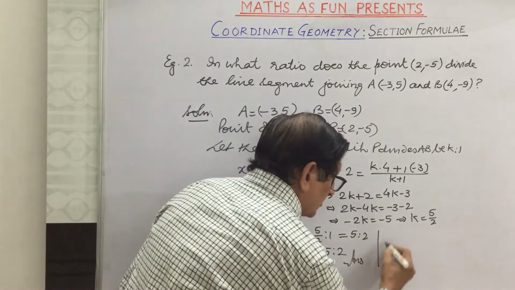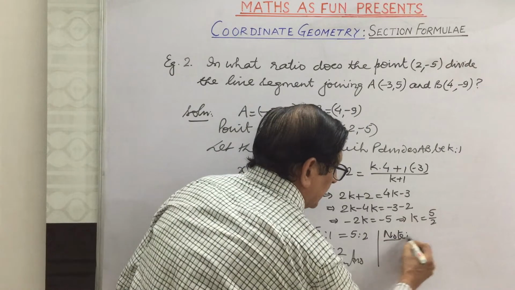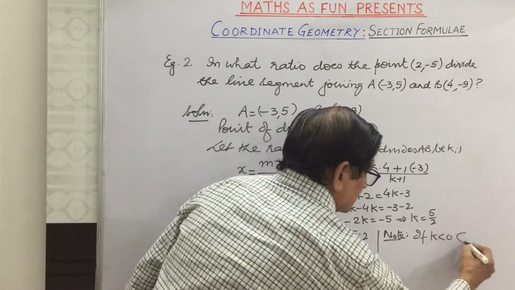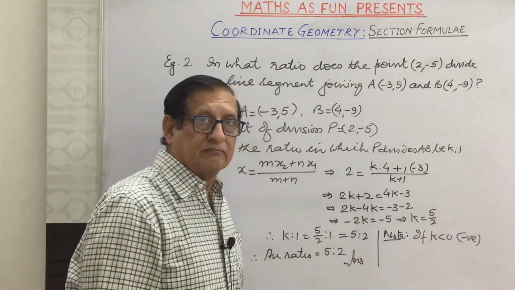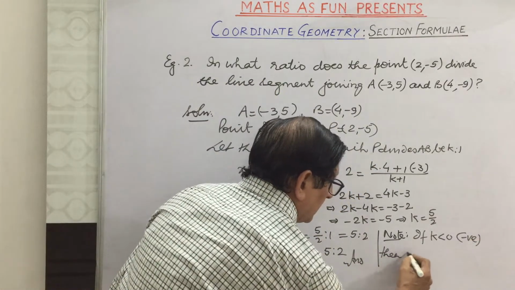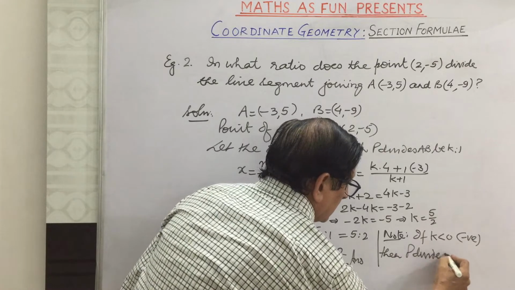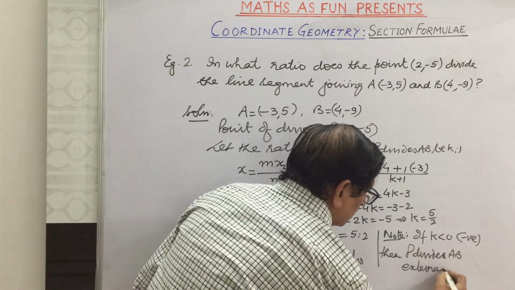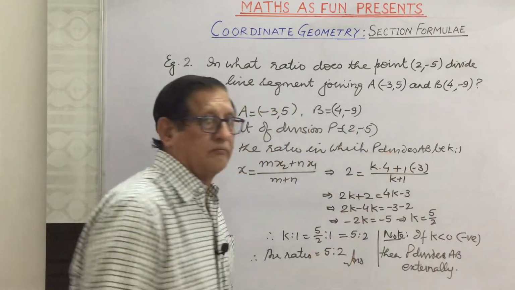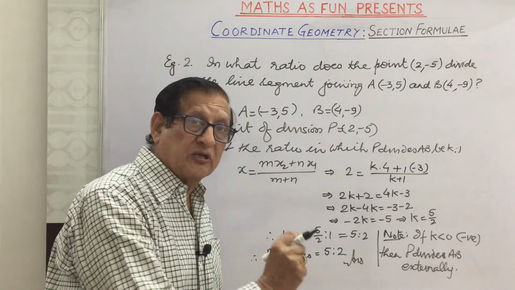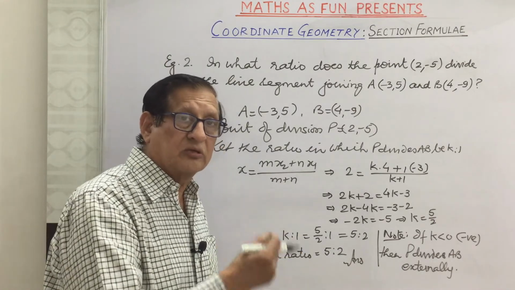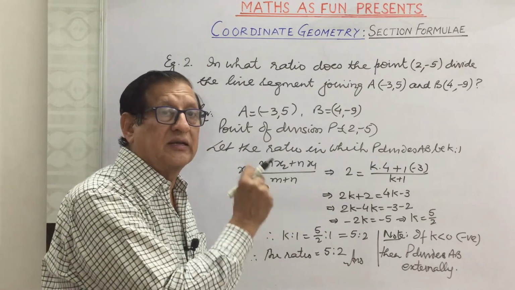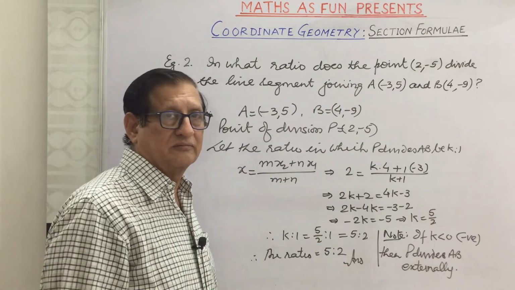Here we should learn one more thing: if k is less than 0, or we say negative, then P divides AB externally. It means if the ratio comes negative, we should not get confused. We can understand that the point is dividing the line externally.